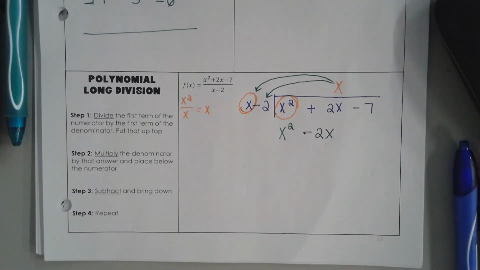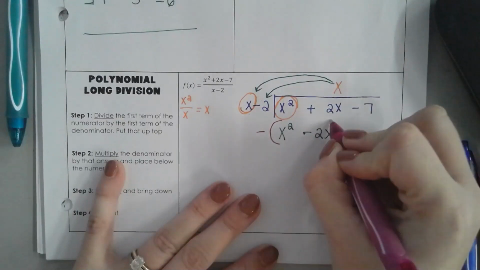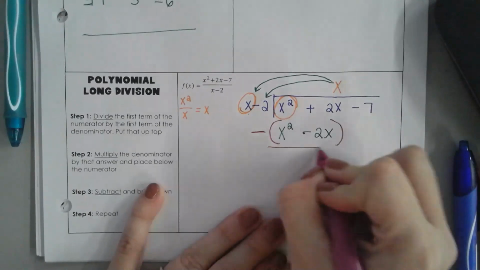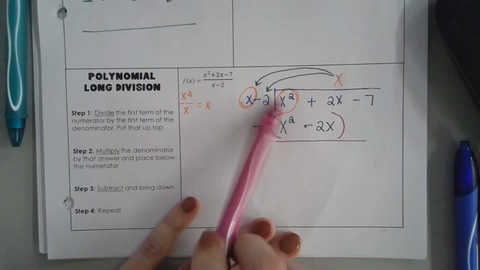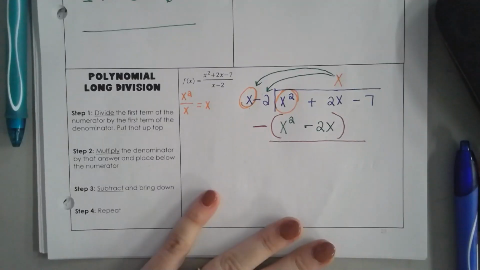So we first did the division, then we multiplied. What's my next step? Subtract. So I have to subtract this whole thing, so I'm going to put it in parentheses because we subtract it all. x squared minus x squared is 0.